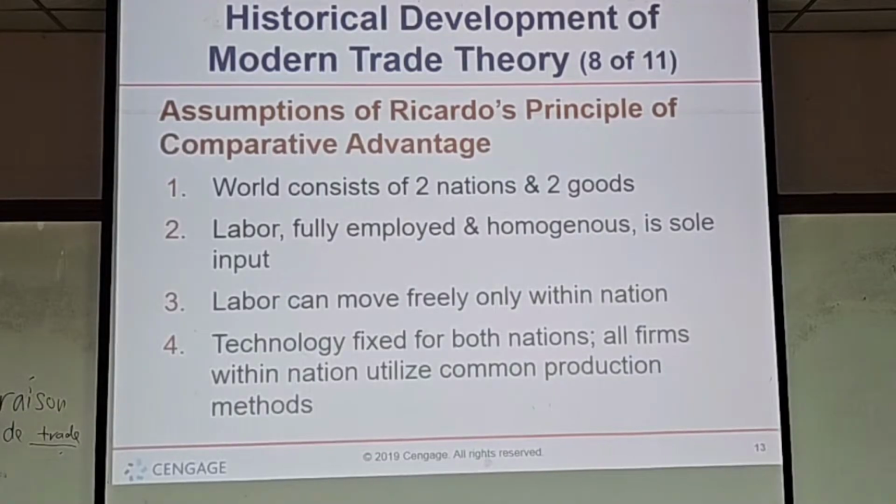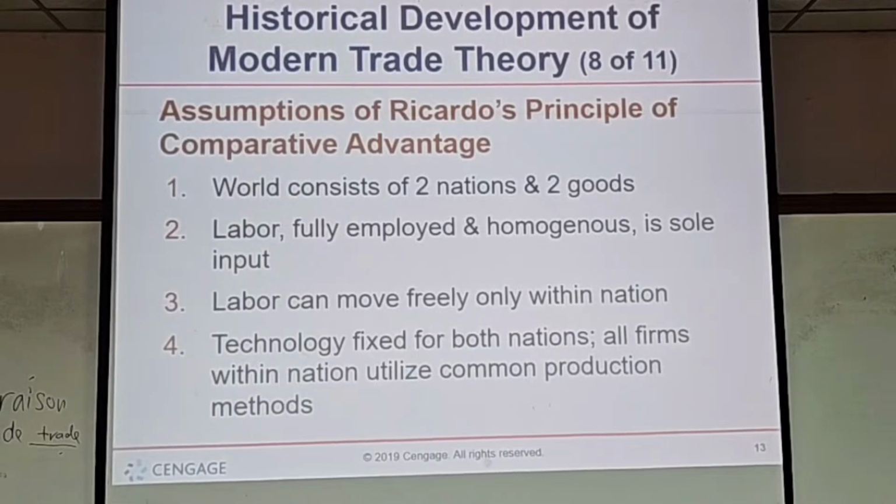Costs do not vary, labor has the same skill, proportional. Constant cost: you add more, the cost is the same. Only input is labor. Perfect competition prevails. Labor can move freely within a nation. Between nations, no barriers, no tariff, no quota.